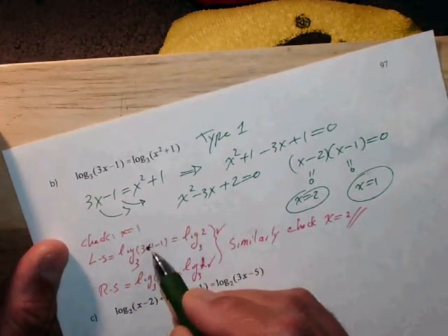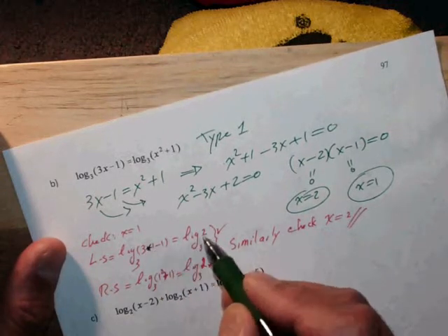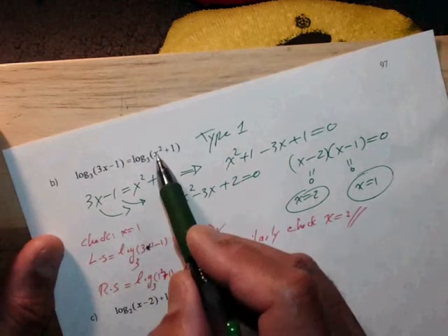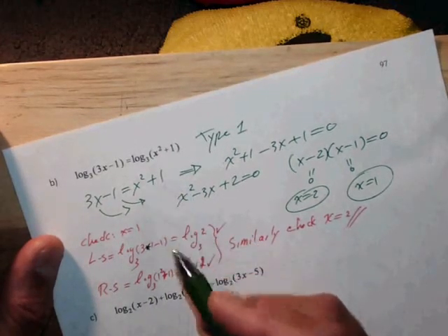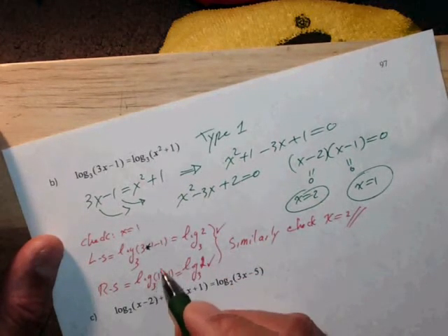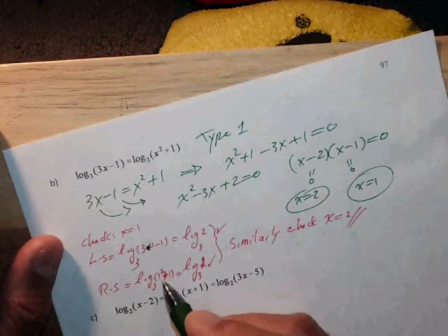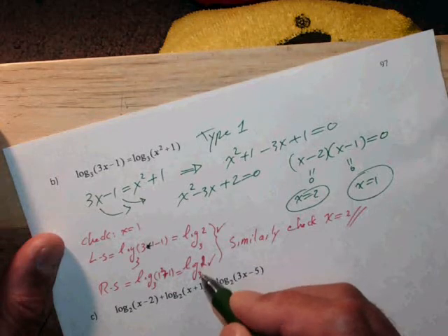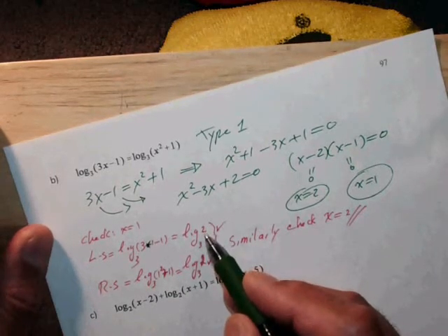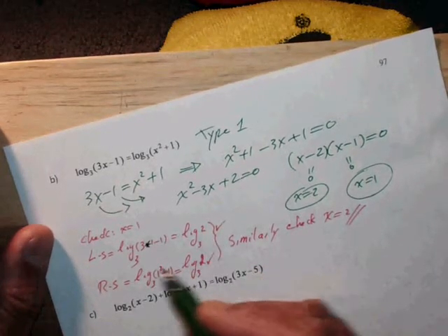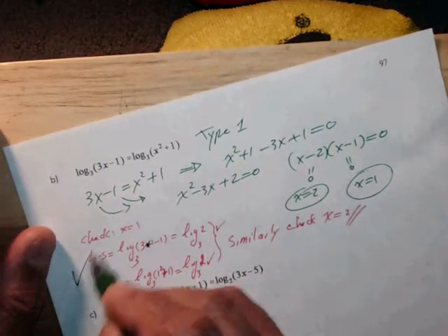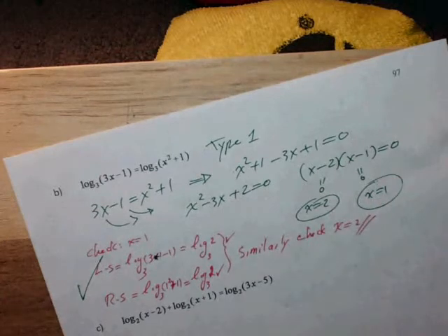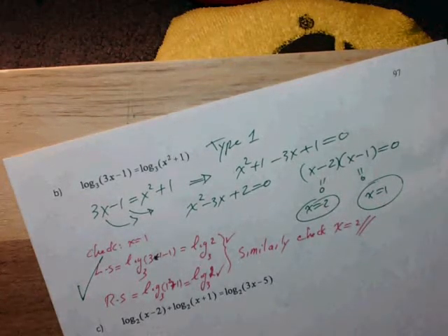So 3 times 1 is 3, minus 1 is 2, so log of 2 to base 3 is the left side. Right side, I replace this x by 1. So I get log of 1 to power 2 plus 1. 1 to power 2 is 1, plus 1 is 2, so you get log of 2 to base 3, which is the same thing. So left side equal to the right side, it checks. So this solution is good.